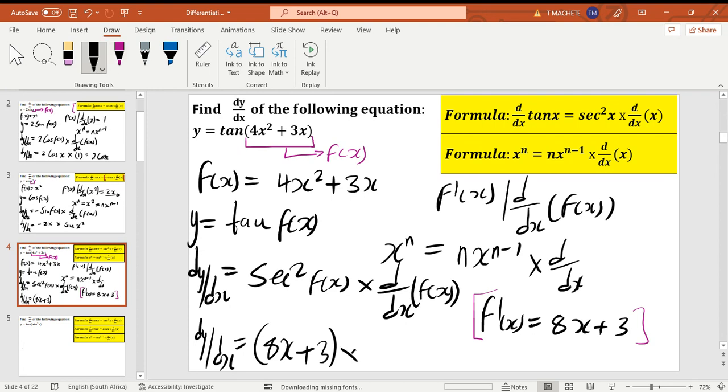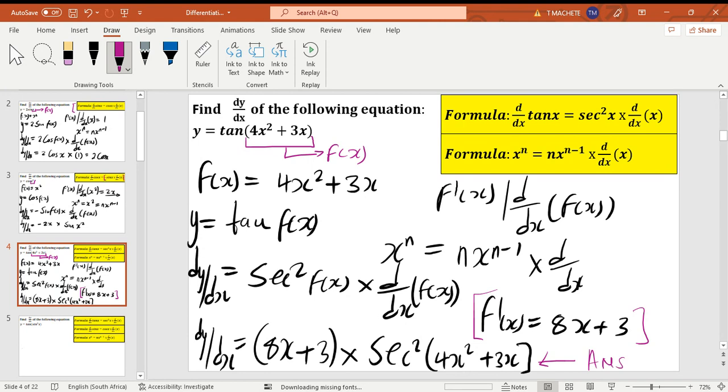Then you multiply it with sec squared f of x, which is 4x squared plus 3x. This is your final answer. Let's write the answer there. No need for you to expand it. You can leave it as it is.